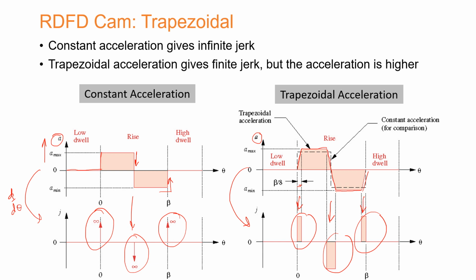So with this realization that trapezoidal mode of acceleration is going to be a bit better acceleration mode as compared to constant acceleration, because it avoids the infinite spikes in the jerk, we're going to try to use this concept in the next discussion.